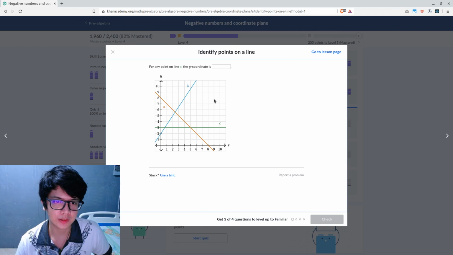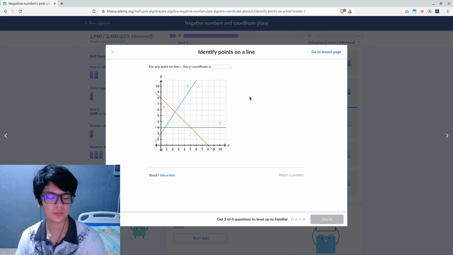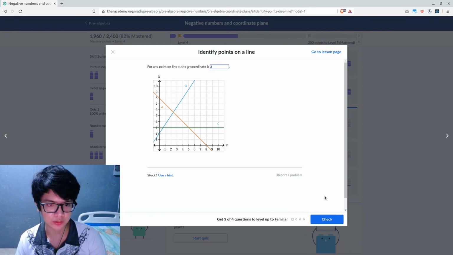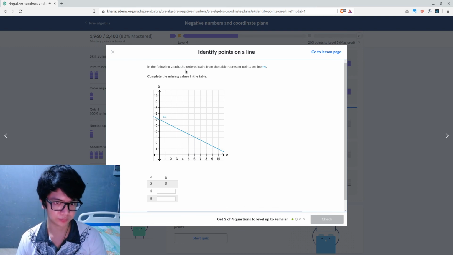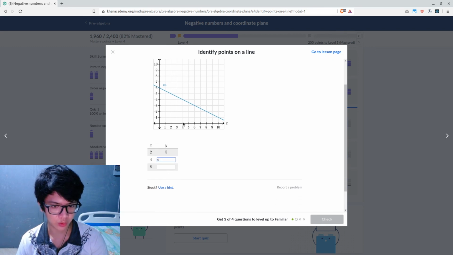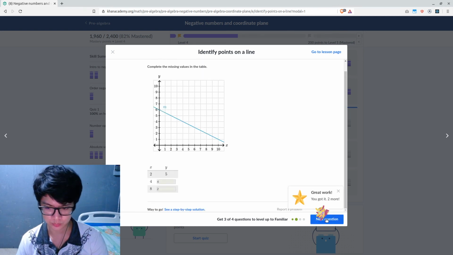For any point on line C, the y coordinate is, wait, what is this? For any point on line C, oh, there it is. The y coordinate is 3. Uh, 2, and then we have 5, we have 4, 4, and then 8, 2.